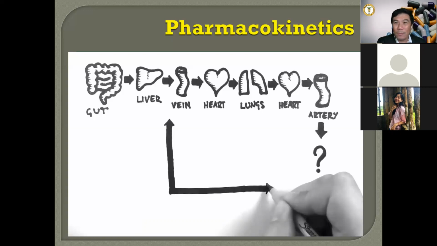Why? Because these are the access routes by which a drug can immediately reach the plasma. How can you say that, sir? We can say that if the drug enters the vein, it will already circulate through the heart, the lungs, the heart, and into the systemic circulation.